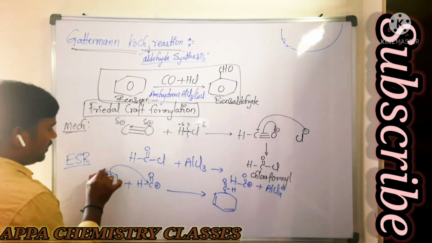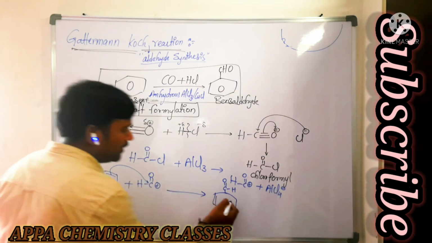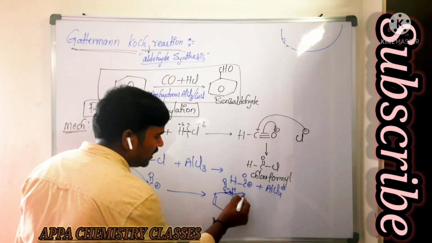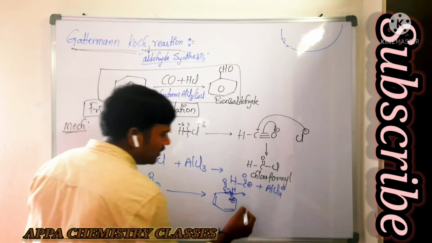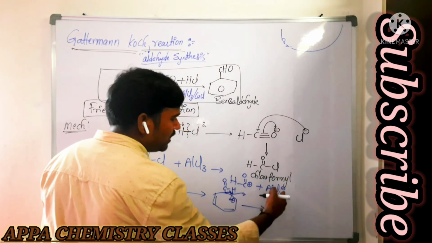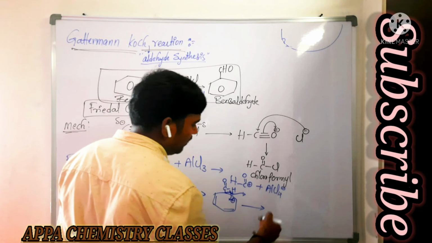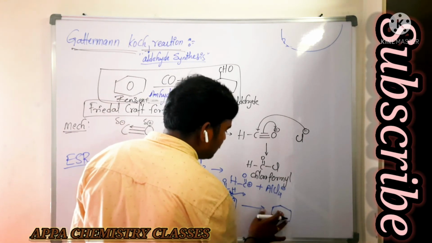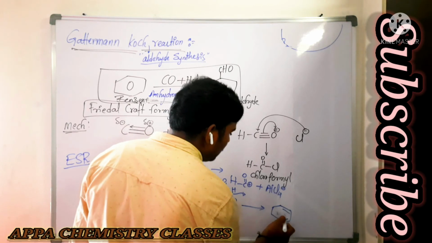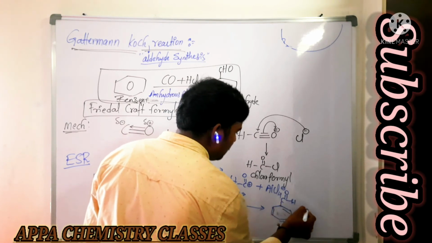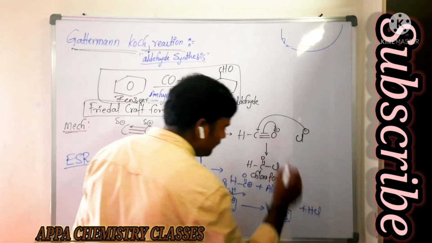So this carbon gets the positive charge. Here this carbon contains one hydrogen, this hydrogen is lost and the pi bond is shifted here. The H plus ion and the Cl minus ion will be removed as HCl, and we are going to get the benzene carbaldehyde plus HCl.